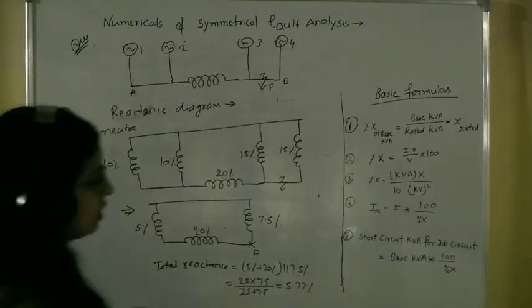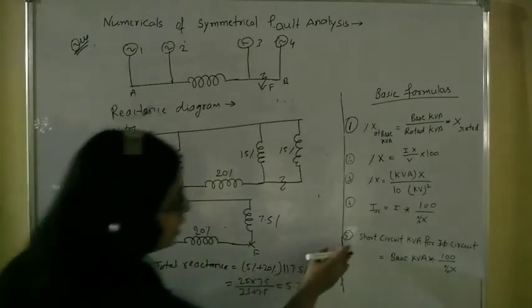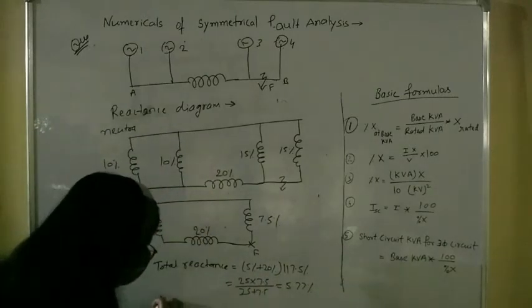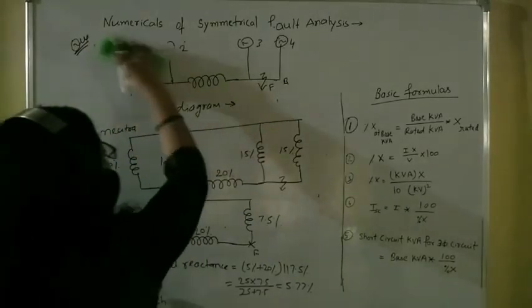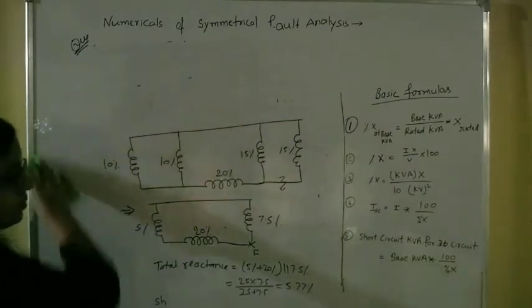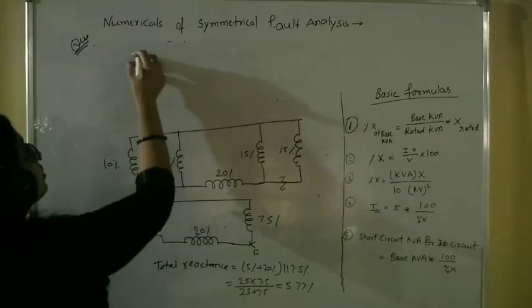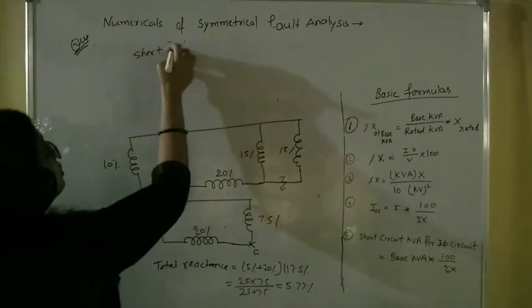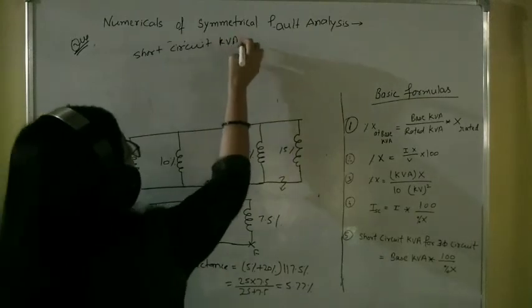Now we have to calculate the short circuit kVA. So from formula number 5, we will calculate here the short circuit kVA.